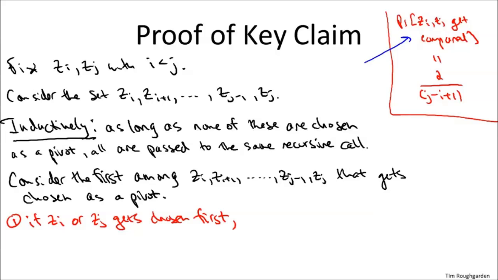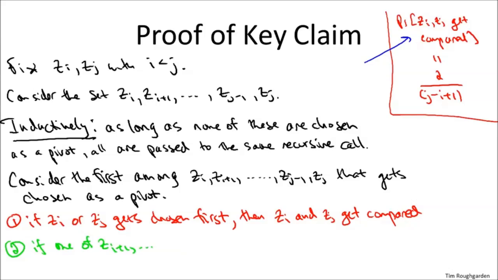If, on the other hand, the first of these j minus i plus 1 elements to be chosen as a pivot is not z_i or z_j, if instead it comes from the set z_(i+1) and so on up to z_(j-1), then the opposite is true. Then z_i and z_j are not compared now, nor will they ever be compared in the future. So why is that? Well, that requires two observations. First, recall that when you choose a pivot and you partition an array, all of the comparisons involve the pivot.